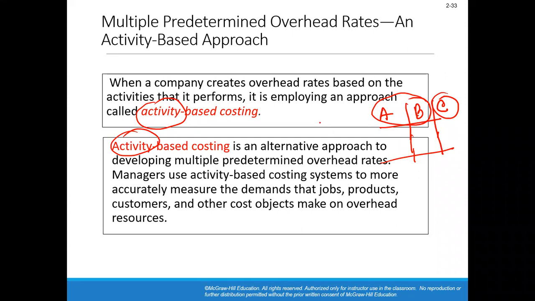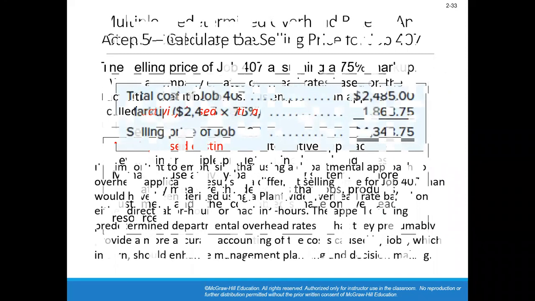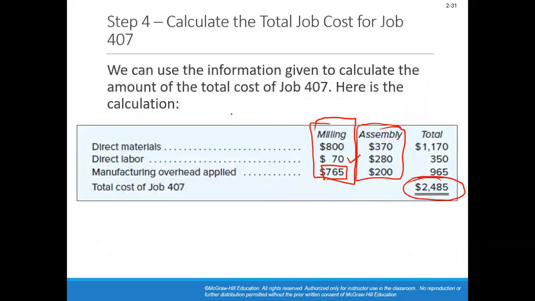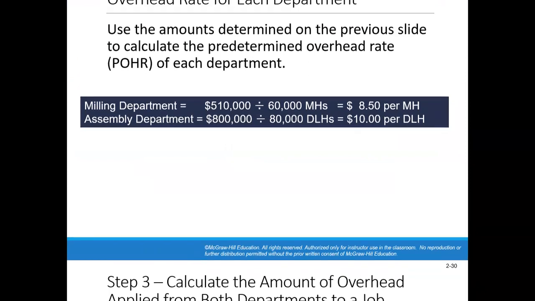But before finishing today's class, I would like to ask you a quiz question. How many units will be produced in the job 407? Is there any idea in the question?